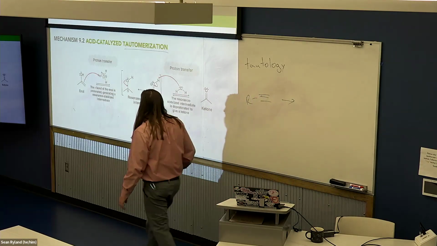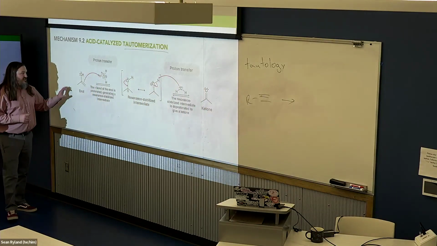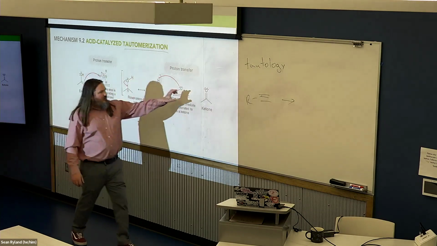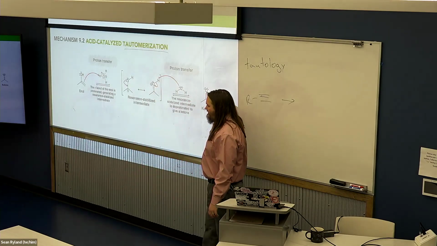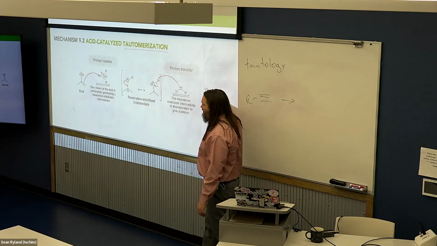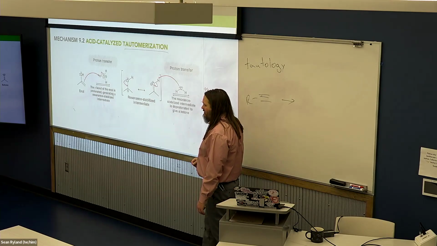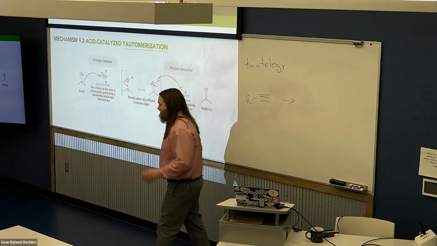All right, so this tautomerization basically works because the carbonyl form gives the oxygen more electron density. A carbon-oxygen pi bond is usually more stable than a carbon-carbon pi bond because the oxygen is more electronegative, so you give the oxygen more electrons.